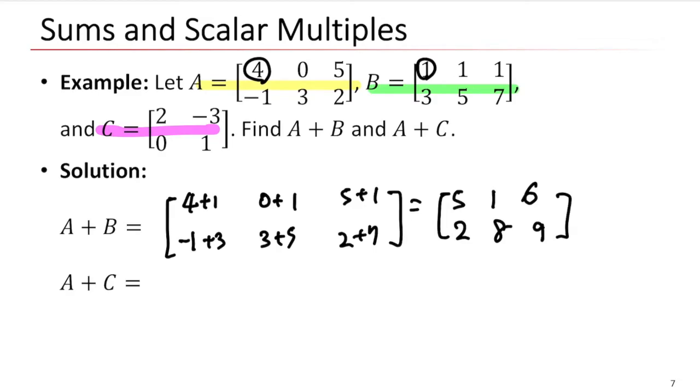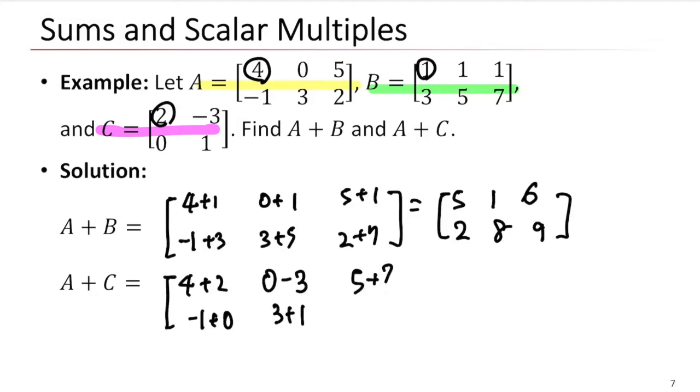What is A plus C? Okay, let's add each entry: 4 plus 2, 0 plus 0, negative 3, negative 1 plus 0, 3 plus 1, and 5 plus what? There's no entry here, right?